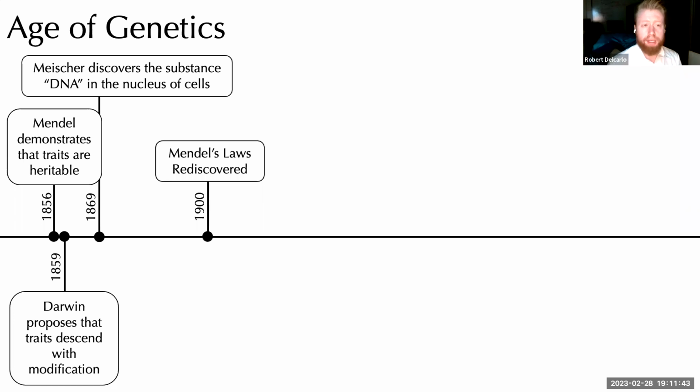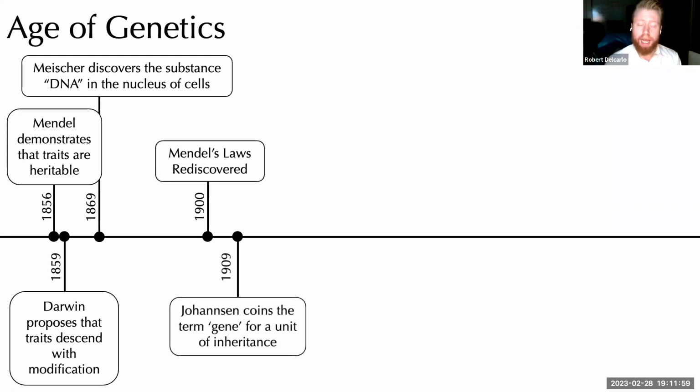In 1900, because Mendel didn't do very much ground truthing to disseminate his work, and it didn't really take off in the 1850s, it wasn't until 1900 that his laws were rediscovered. And it wasn't until 1909 that we even had a word for the genetic component, the molecular component that underlies a trait.